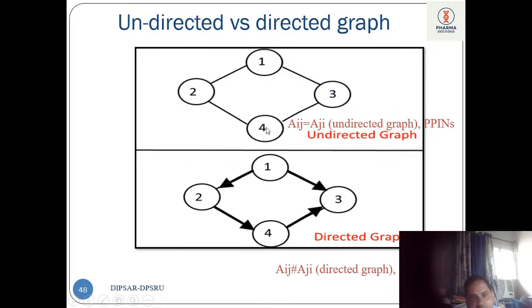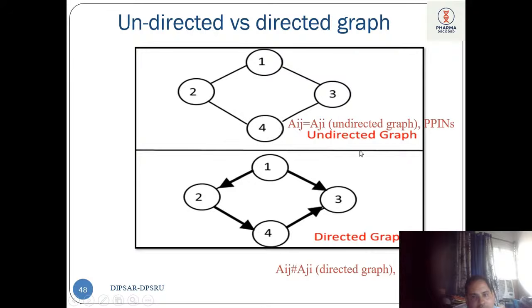It means that you can go from 1 to 3 or 3 to 1, both ways. So there are no directions, right? It goes both ways, so it's bidirectional. So it's an undirected graph, where there are no directions. Are you getting my point? Such a network where no direction is given, we call undirected.